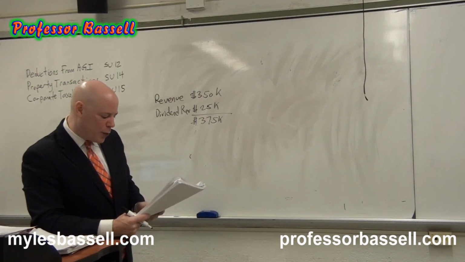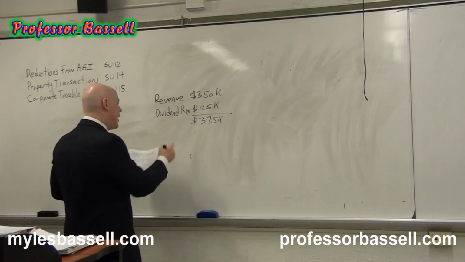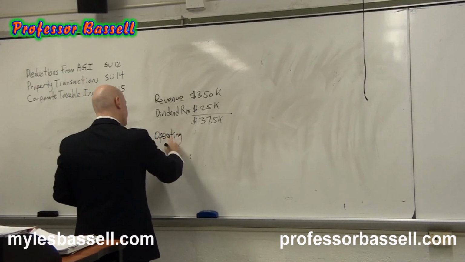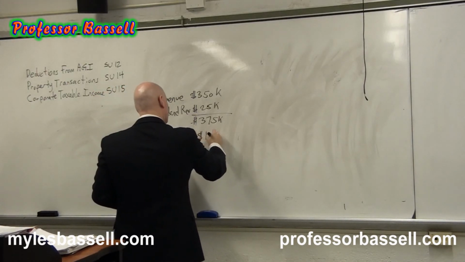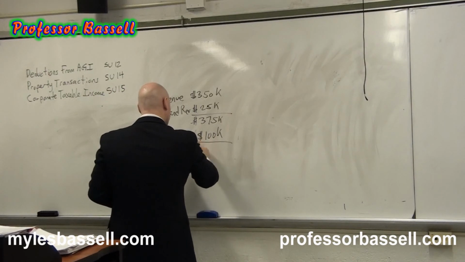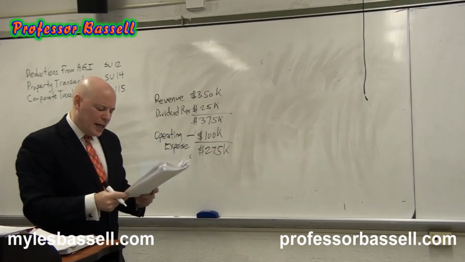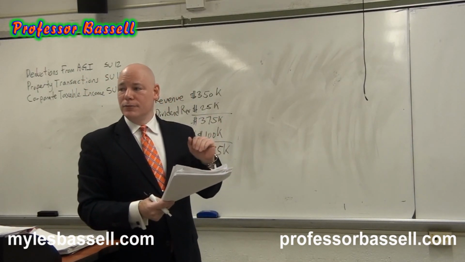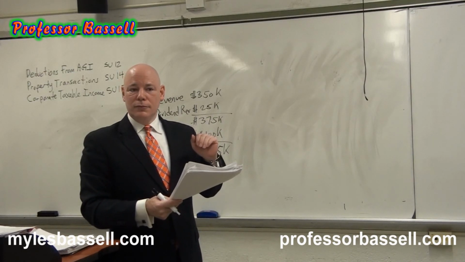That company paid them a dividend of $25,000. Minus the operating expenses, and minus the donation. They donated $50,000. How much are they going to be able to deduct? Only 22,500.